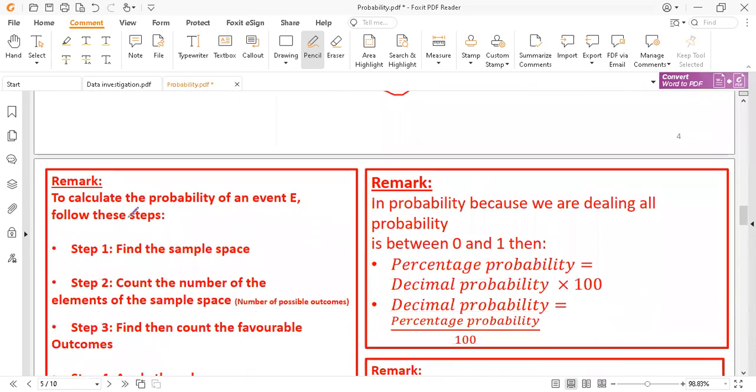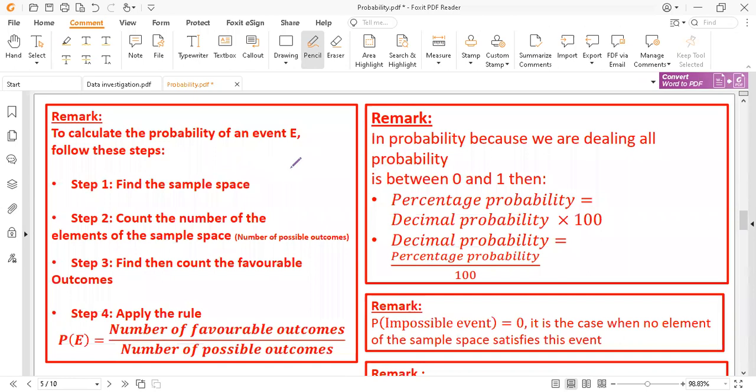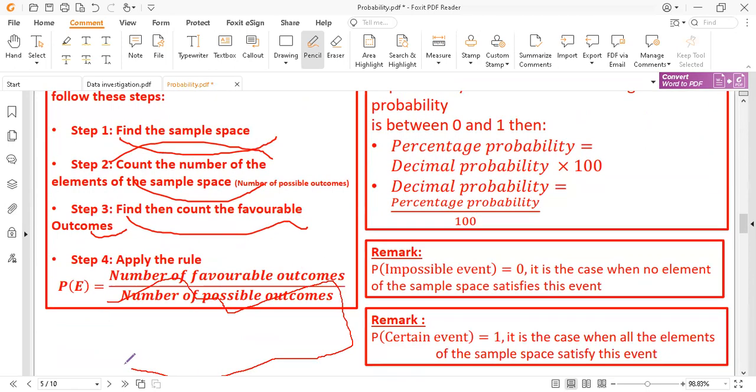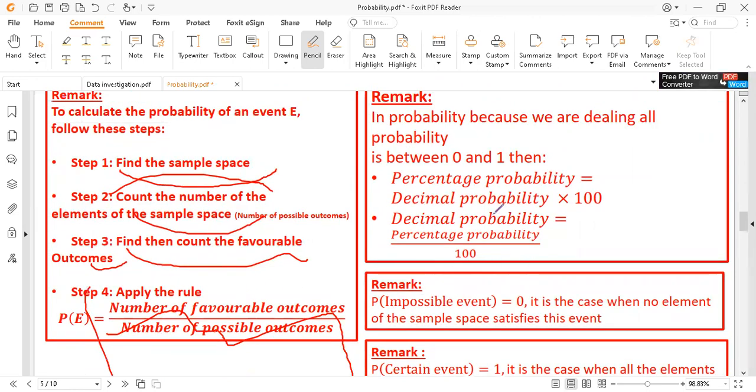Okay, first of all, to calculate the probability of an event, we first find the sample space. Secondly, we count the number of elements of the sample space, and we count the favorable outcomes, and we apply this rule, as we said before, the quotient of the number of favorable outcomes over the number of possible outcomes.